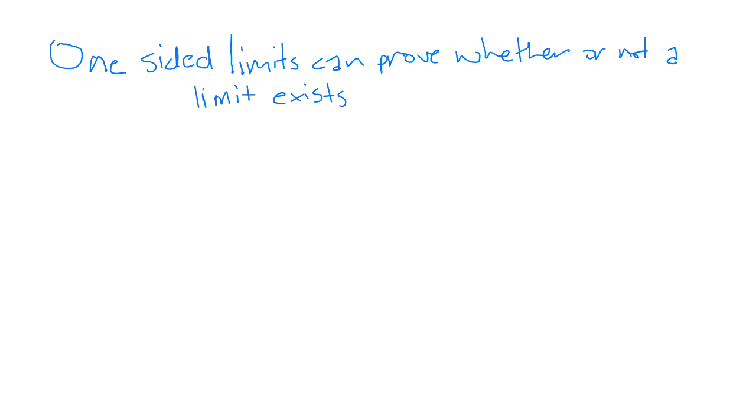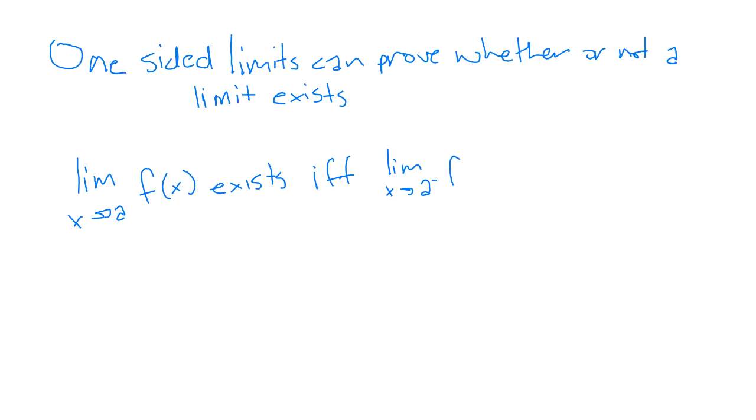We can prove that the limit as x approaches a of f of x exists if and only if our left-sided limit, so our limit as x approaches a from the negative, equals some value L, but it also equals our right-sided limit. So our limit as x approaches a from the positive of f of x.